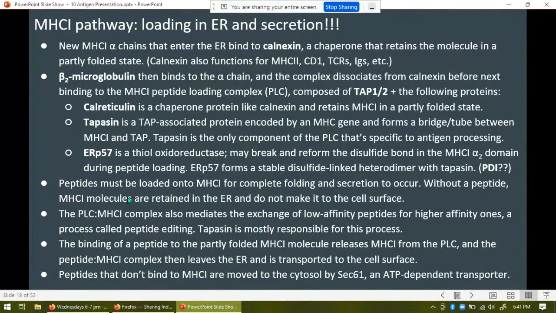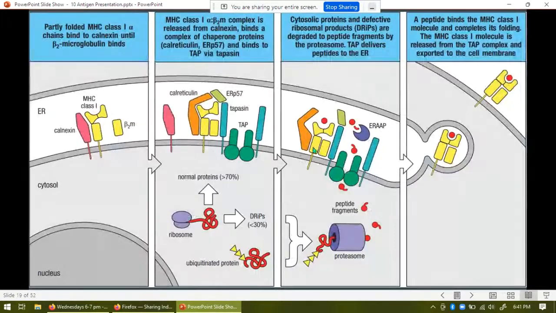So we've loaded MHC1. So here's what happens next. Peptides must be loaded onto MHC1 for complete folding and secretion to occur. Without a peptide, MHC1 molecules are retained in the ER and they don't make it to the cell surface. Now, they've done experiments where they knock out the TAP protein from mice, or at least in cell culture.